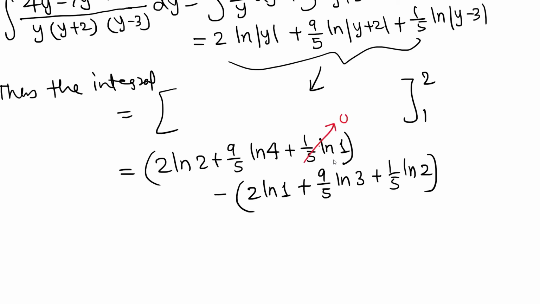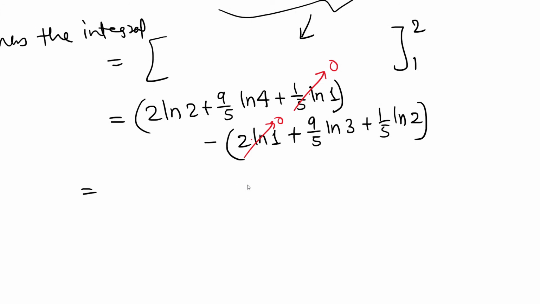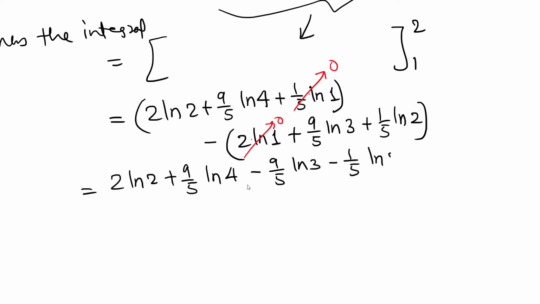So 1/5 times 0 is 0, and same thing here, 2 times 0 is 0. So the final answer is then 2 natural log of 2, plus 9/5 natural log of 4, minus, we need to distribute inside, minus 9/5 natural log of 3, minus times minus, plus 1/5 natural log of 2.